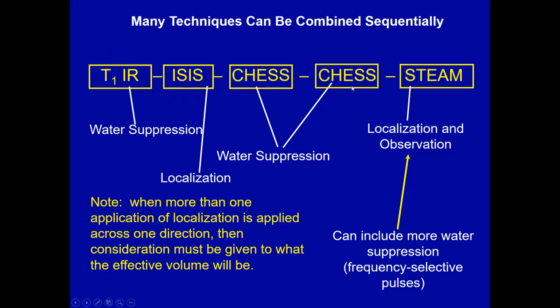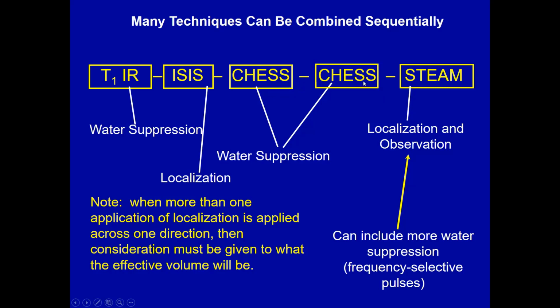Suppose each CHESS module were to suppress 99% of the water. That sounds like you should just put a string of CHESS pulses in. At some point there's a limit, because between each CHESS pulse, each CHESS module, there's some T1 relaxation.